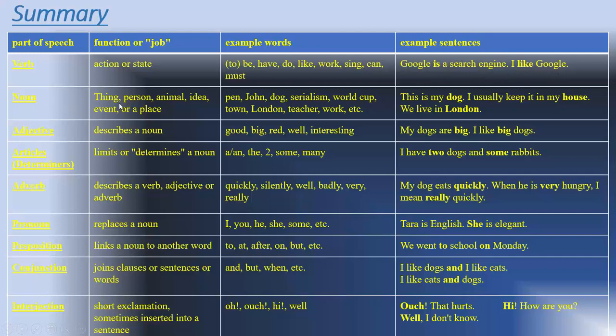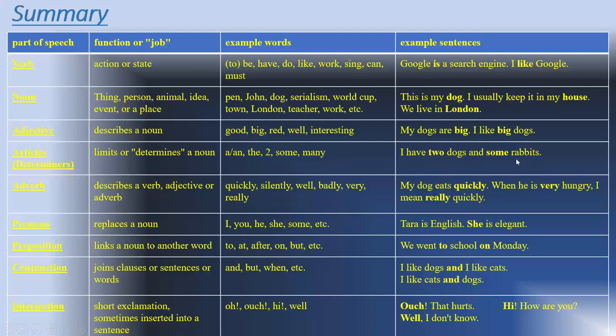Noun means a thing, person, animal, idea, event, or place. And these are the examples, and this is a sentence. Adjectives describe a noun.